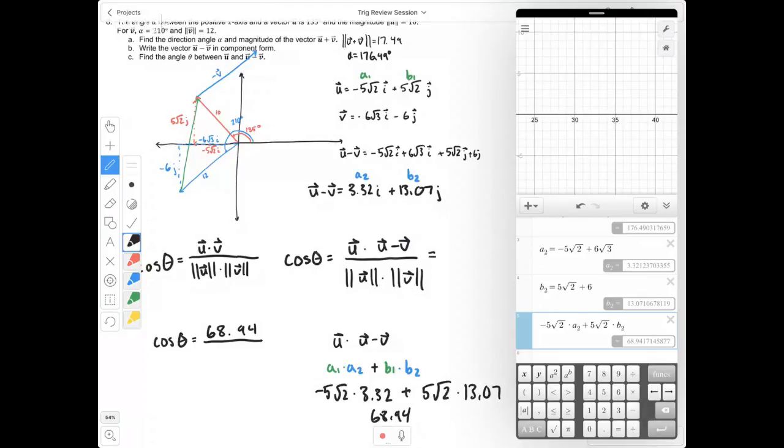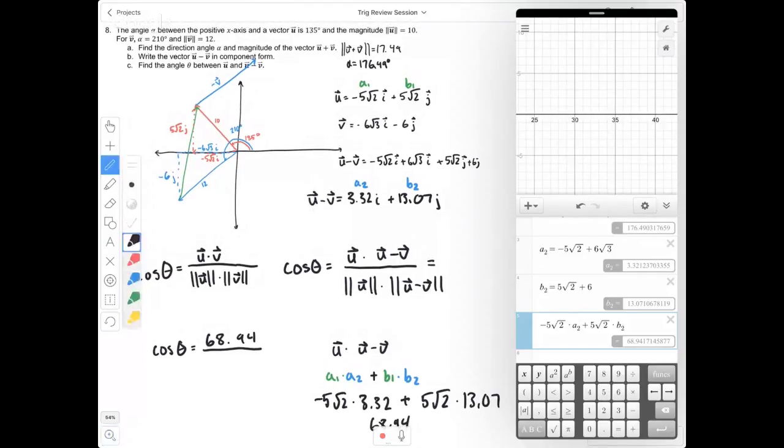So the magnitude of u, I know, oh, shoot. This should have been u minus v, huh? Sorry about that. Magnitude of u is just 10. And the magnitude of u minus v, I need to figure out.